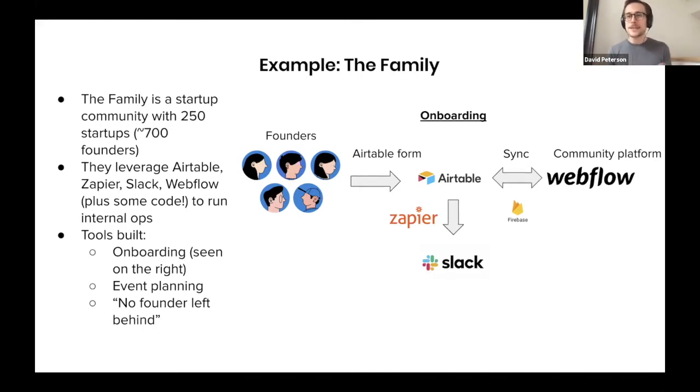So when that data hits the Airtable form, that triggers a Zap. That triggers Zapier to ping Slack. And what they do in Slack is pretty cool. They create a new private channel in their Slack for that company, and invite all of the founders to it. Then they also invite all of those founders to all the public channels that they think those founders would be interested in based on their interests.